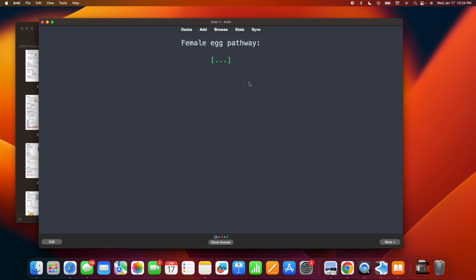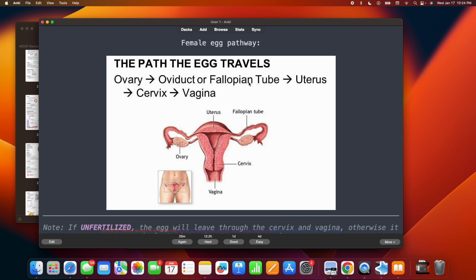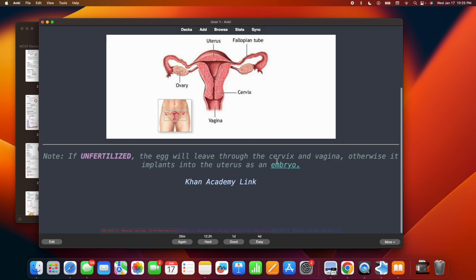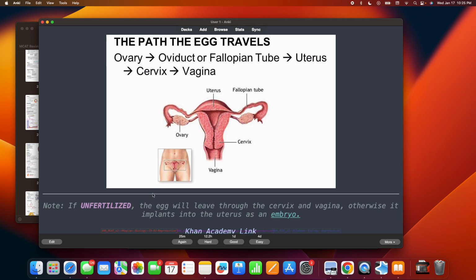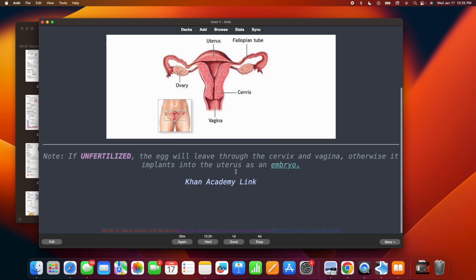Female egg pathway. So we do have ovary to the fallopian tube, to the uterus, to the cervix, to the vagina. If unfertilized, the egg will leave through the cervix and vagina, otherwise it implants into the uterus as an embryo.